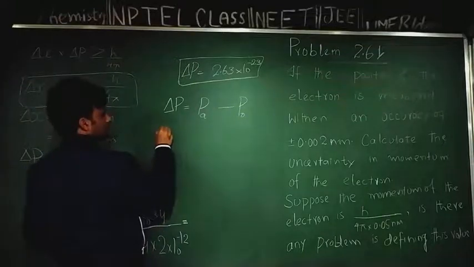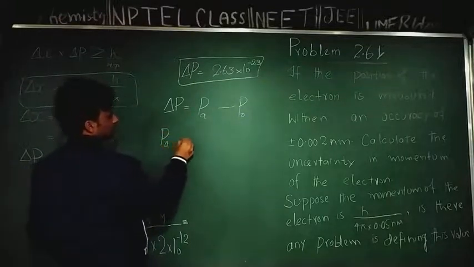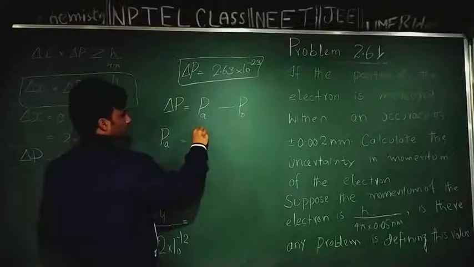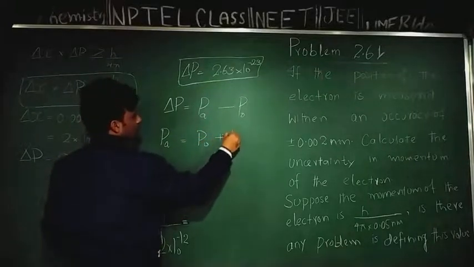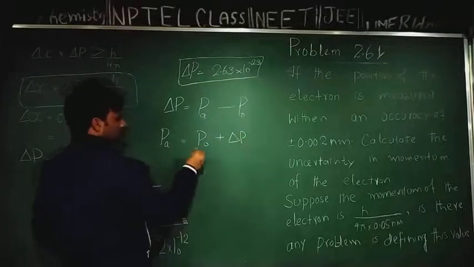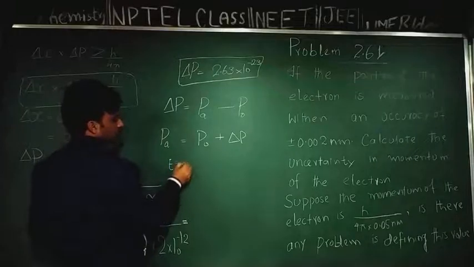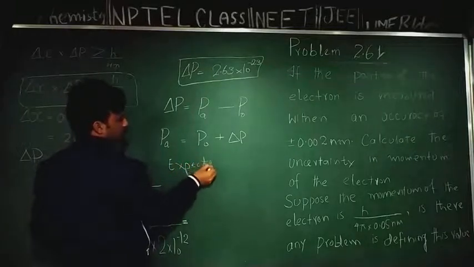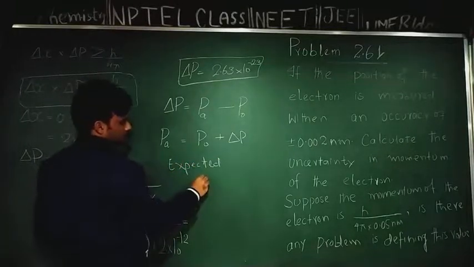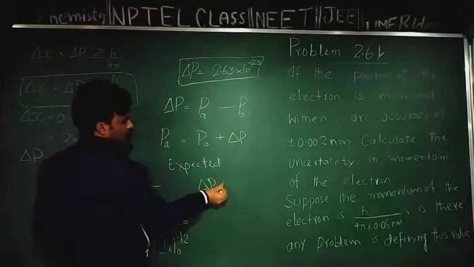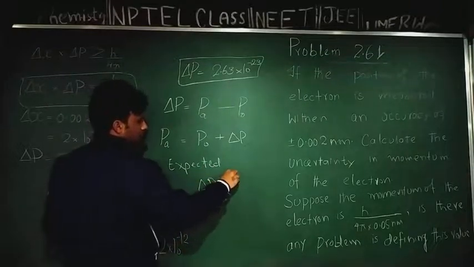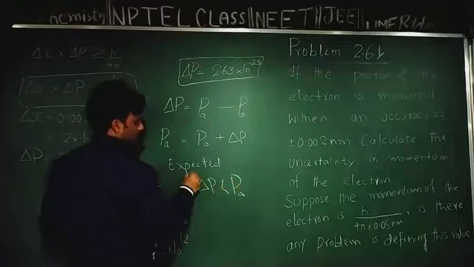Now actual momentum is equal to observed momentum plus uncertainty in momentum, and on the basis of this equation it is expected that uncertainty in momentum is less than the actual value of momentum.